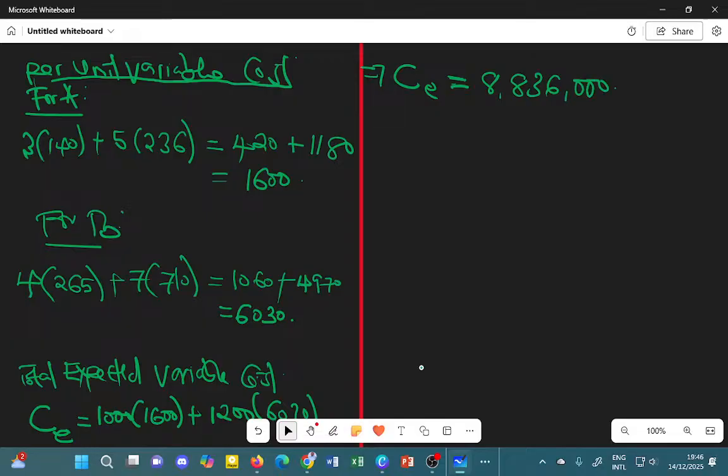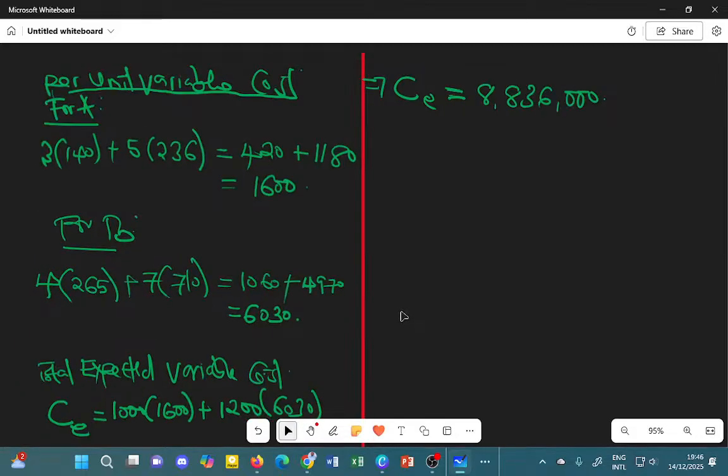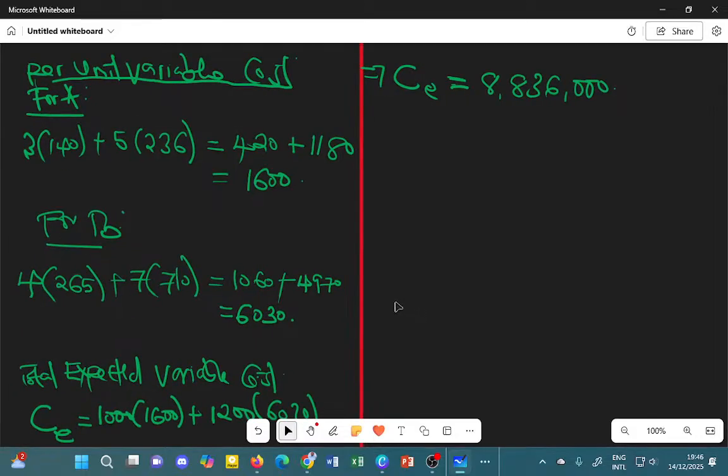That's what you should get as the total expected variable cost. This one is just an arrow, let it not confuse. We can leave it as such.